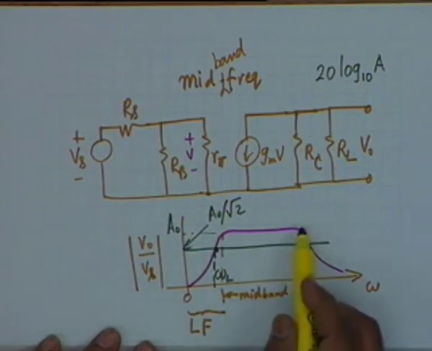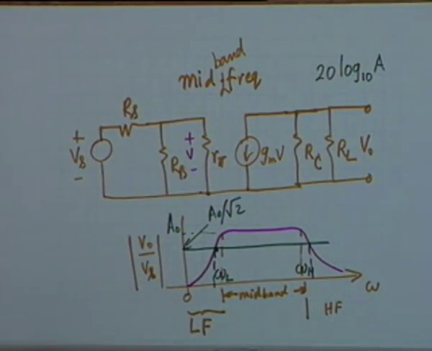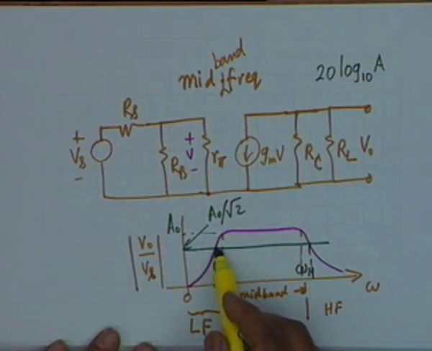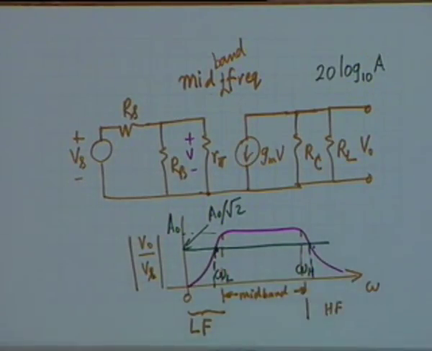If the mid band value is taken as 0 decibel, then this is minus 3 dB, this point and this point. Is that point clear?